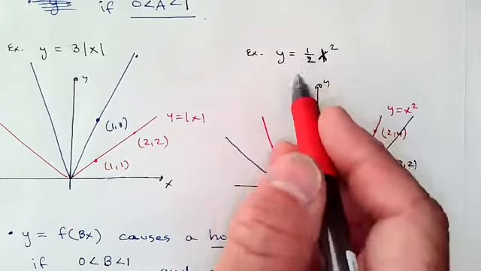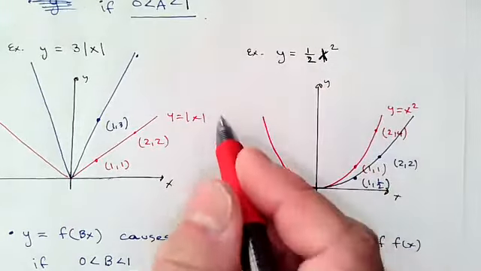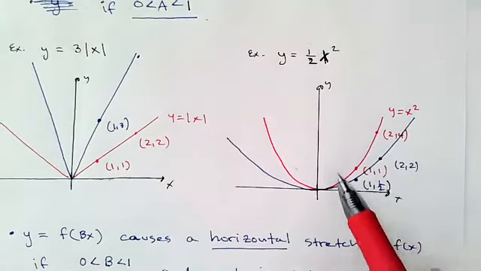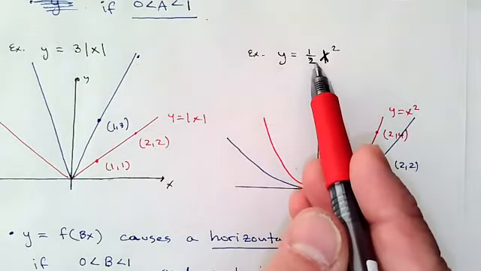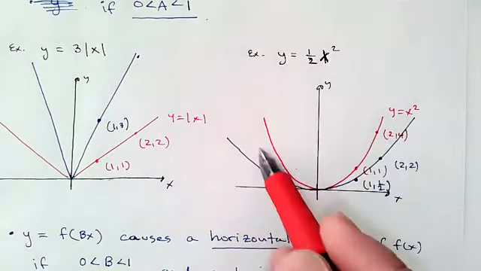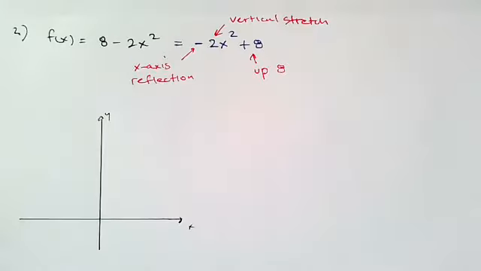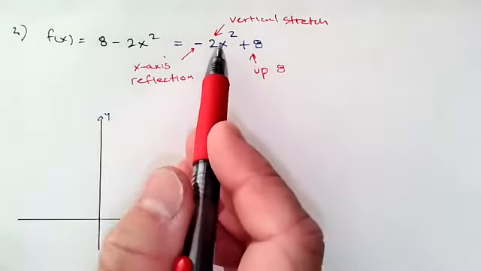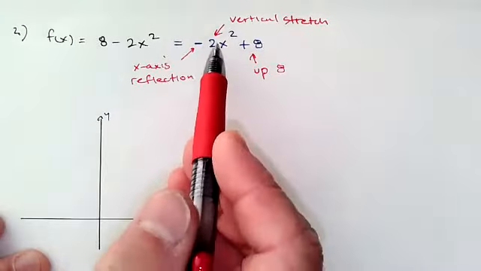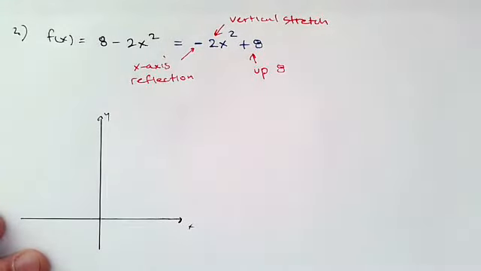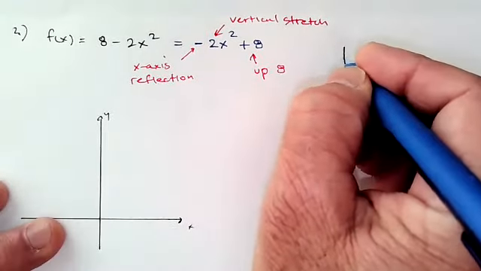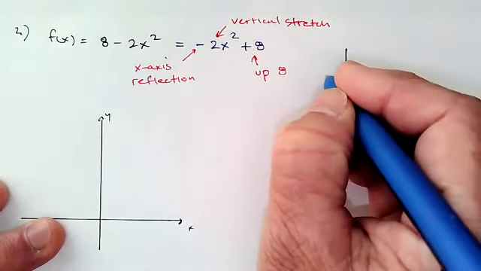If somebody gave me this graph and I just drew something that looked like a U, how am I to know that that's y equals x squared or y equals 1/2 x squared, right? Unless you have something to compare it to. So you're not really going to notice so much the stretches. They do come out when you find things like intercepts, but you don't have to really think about them too much.